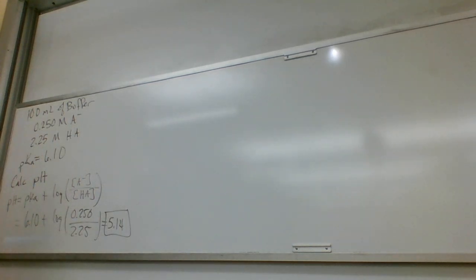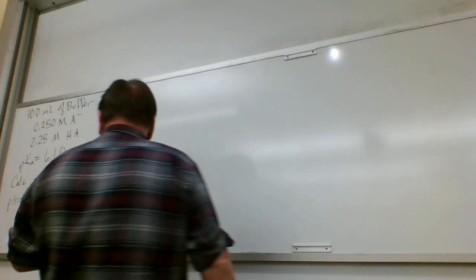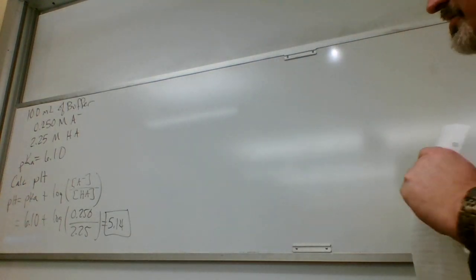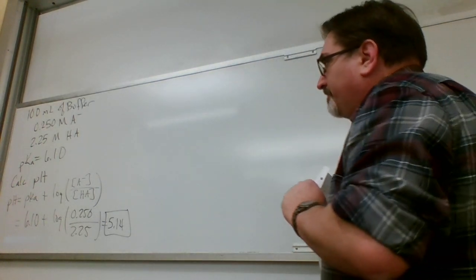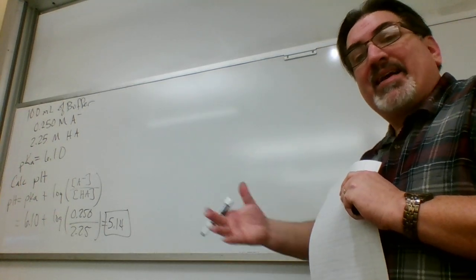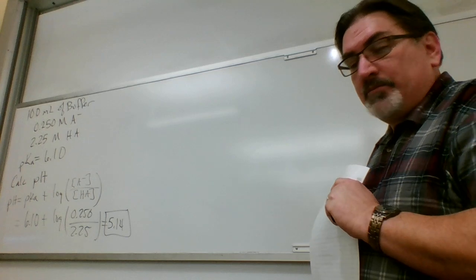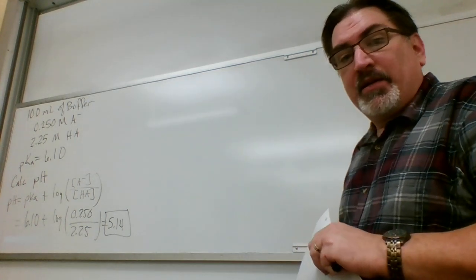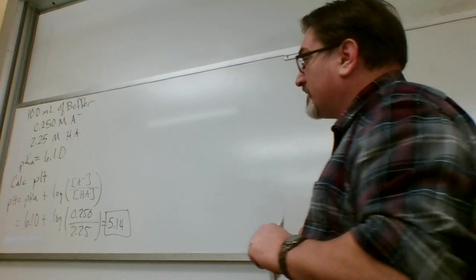So that's just the standard kind of buffer problem. pH went down because the acid concentration was higher than the base concentration, so it went down from the pKa. Okay, now we hit the next step in these kinds of problems. We're going to add a little bit of sodium hydroxide to this buffer and see what happens to the pH because of that.